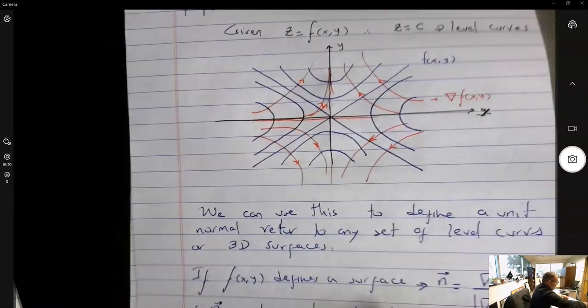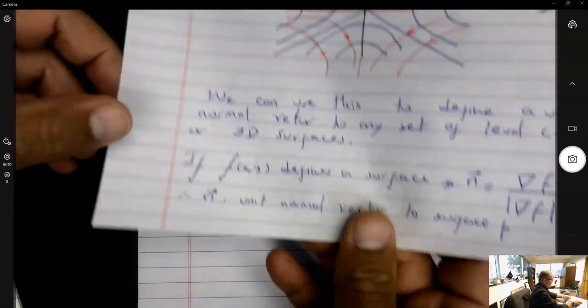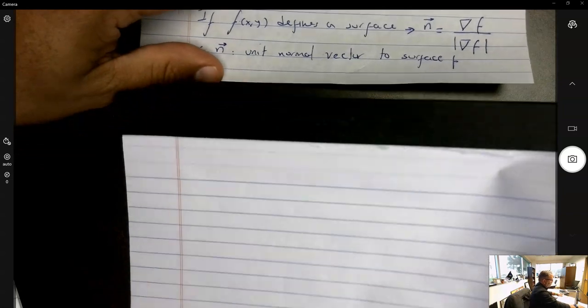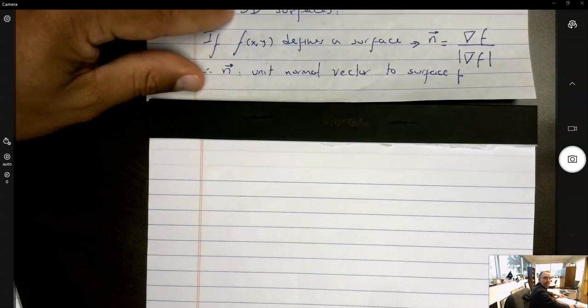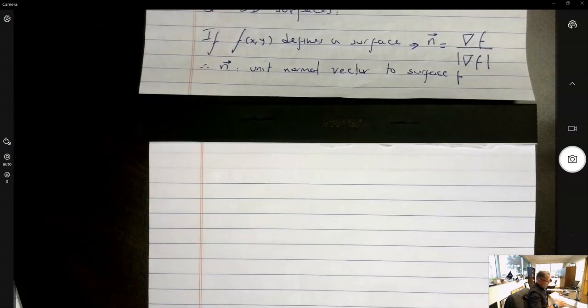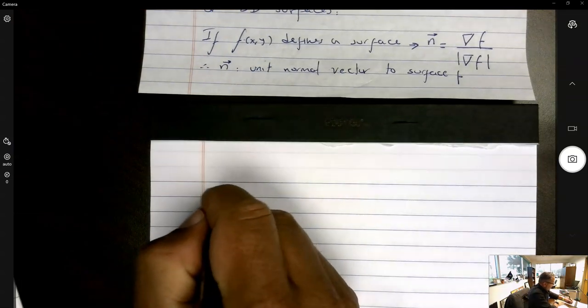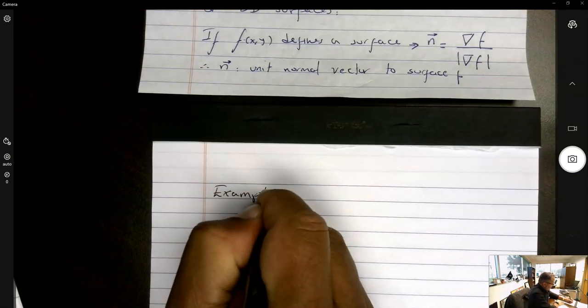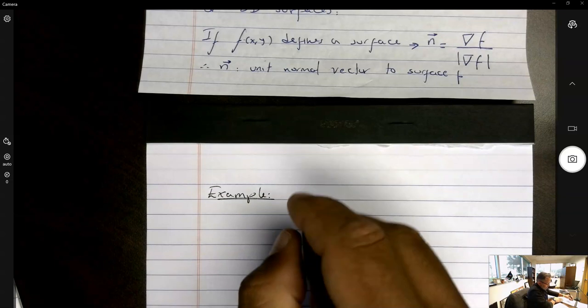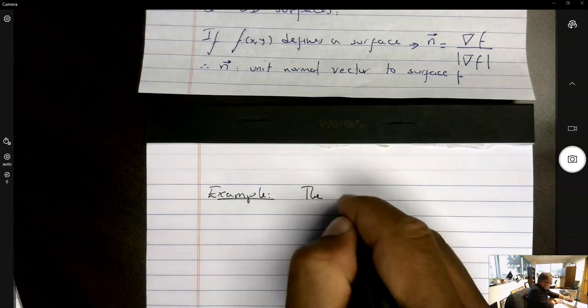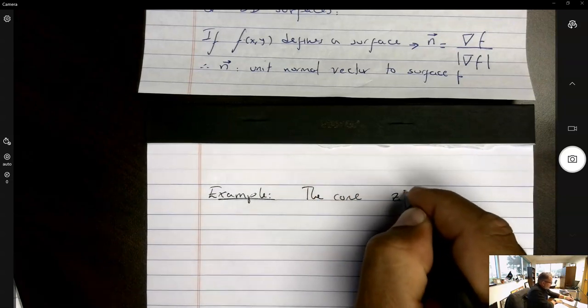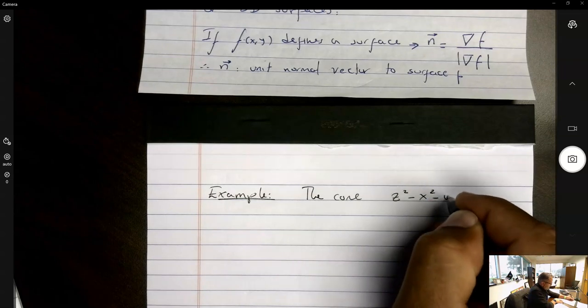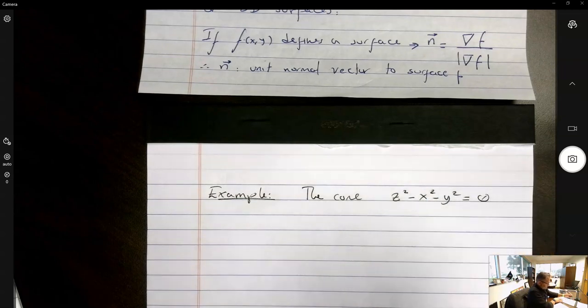All right, so let's do an example. Let's say that we have a cone, c squared minus x squared minus y squared is equal to 0.